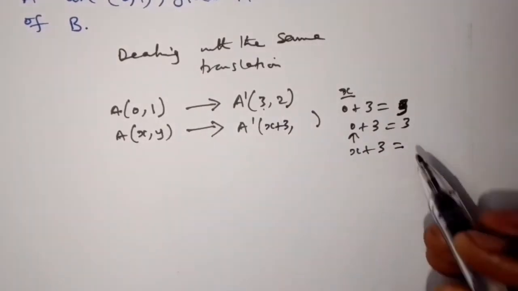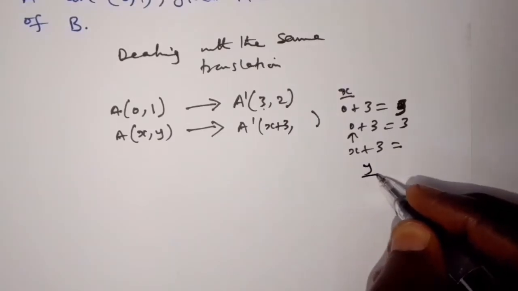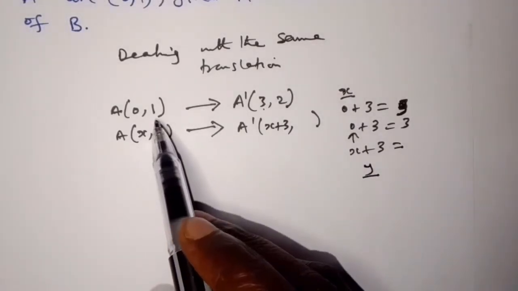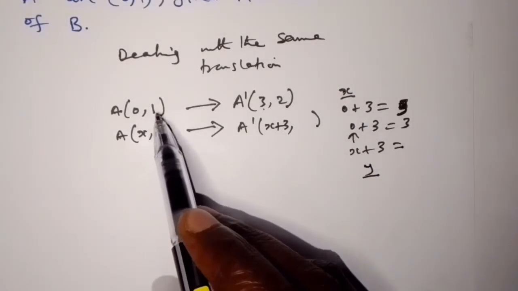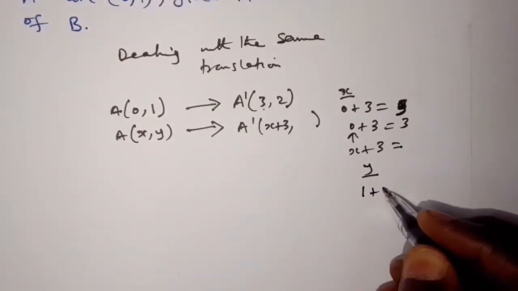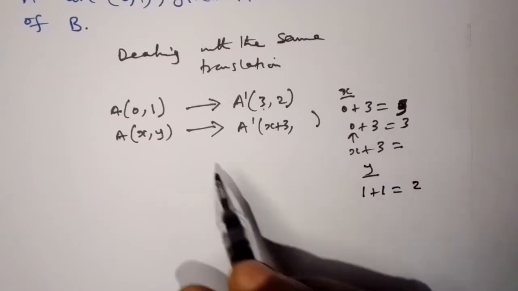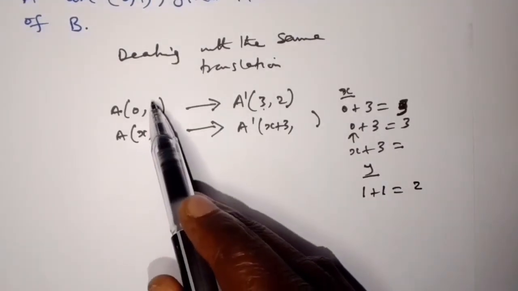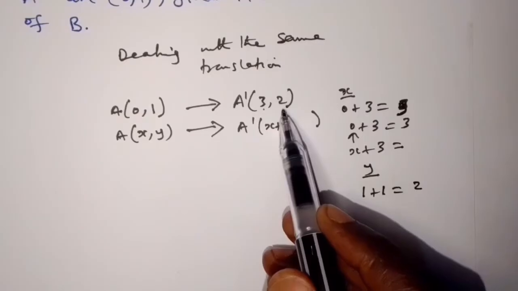Then when we deal with y, 1, if you add 1 to 1, you get 2. 1 plus 1 is equal to 2, giving us this one here.